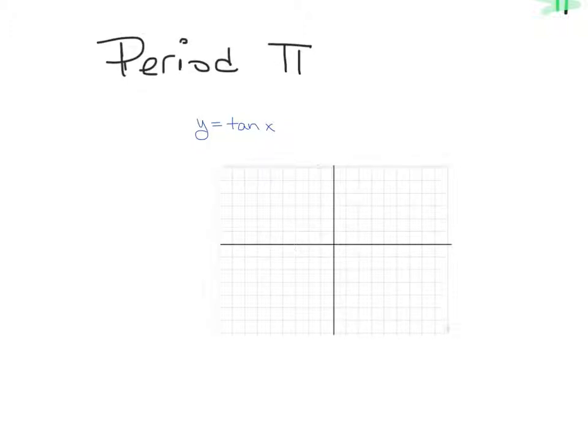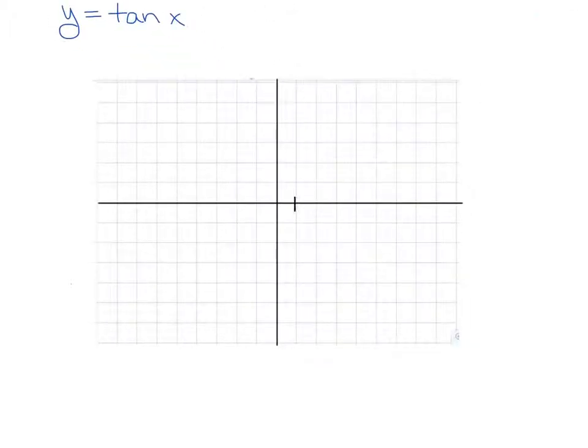So, remember when we were trying to find our points, we had to break it into 4 sections or 4 quarters. So over here, I'm going to break this and show 4 separations. The last one's going to be pi.